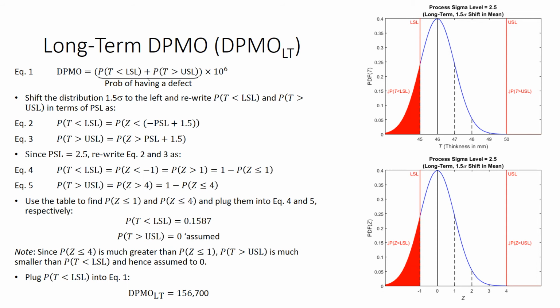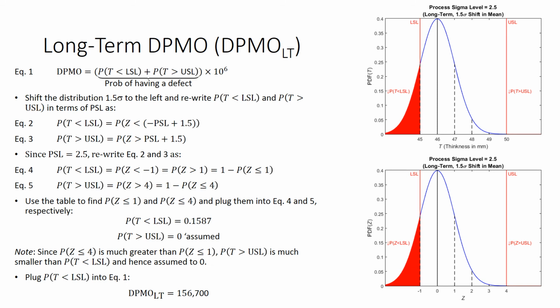Again, probability of having a defect is the sum of two probabilities, probability of t less than lower spec limit and probability of t greater than upper spec limit. As you can see from the figure, the two red areas are not the same. Thus, the probabilities are not equal and will have to be calculated individually.